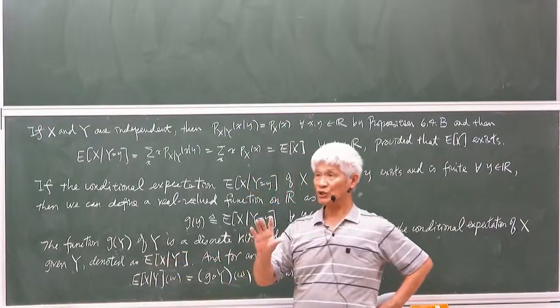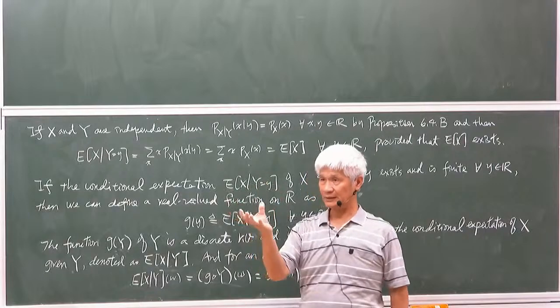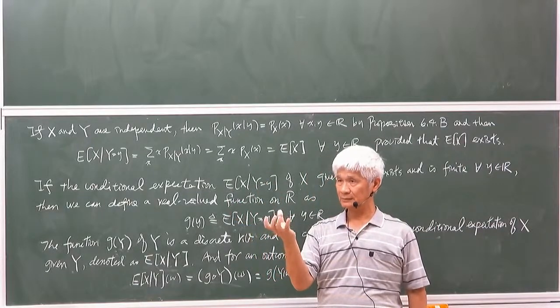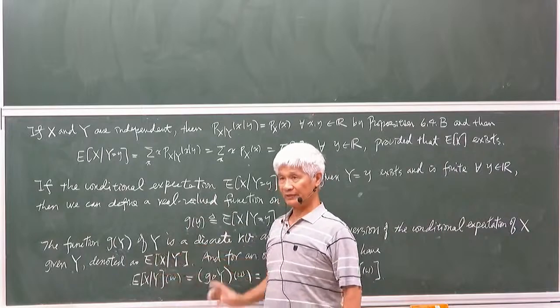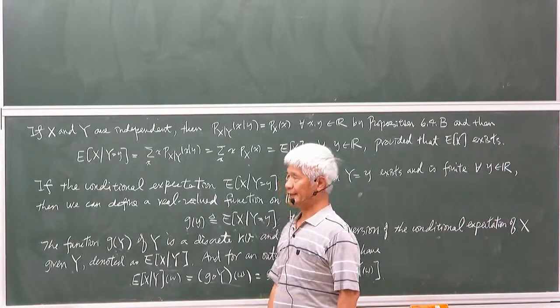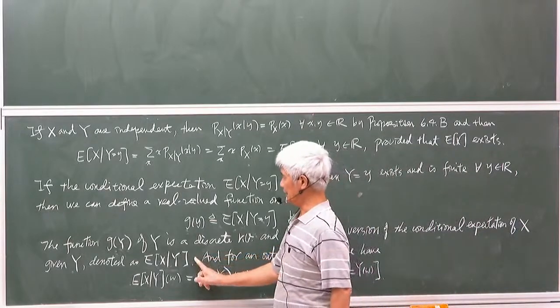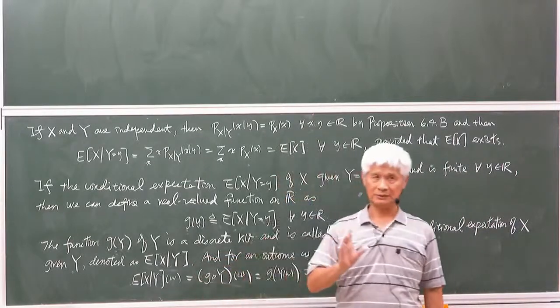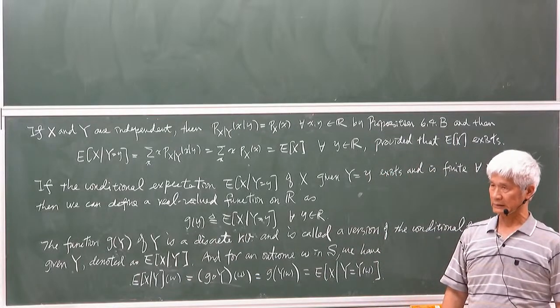Because the conditional expectation here is a value, a real number, but by using this construction, the concept becomes a random variable. So this is a very, very important construction or concept built in probability theory.